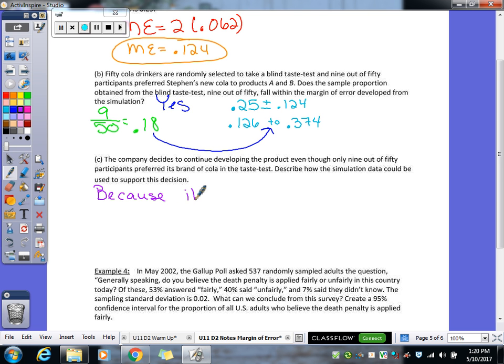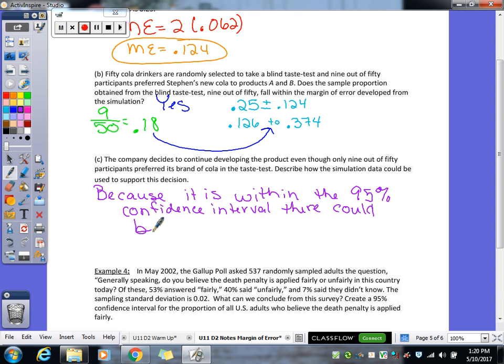So because it is within the 95% confidence interval, there could be enough people out there who like it.